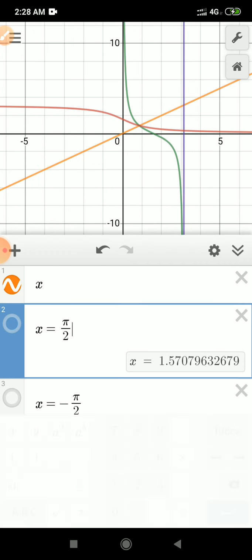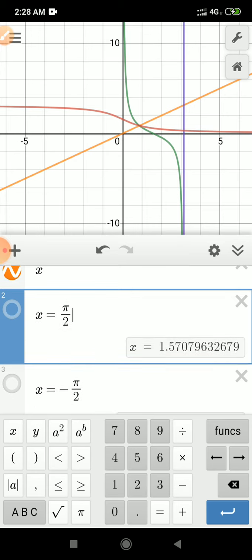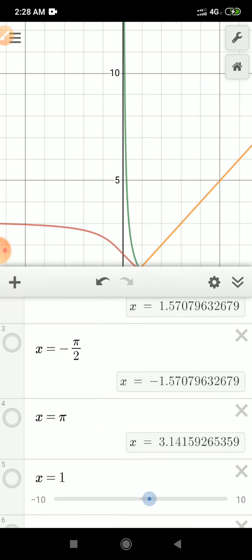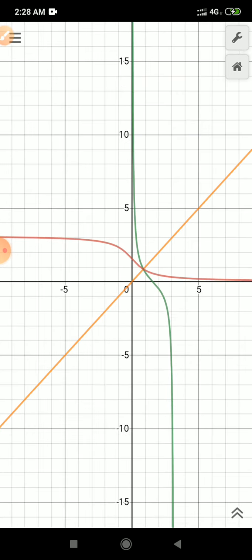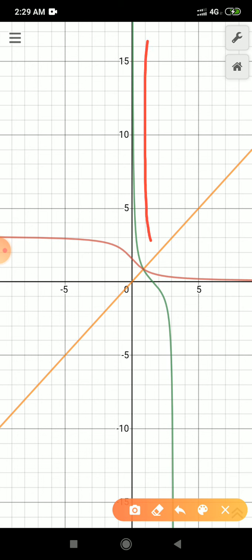Also, let me deactivate the line x equals to pi. See, the red line is the graph for cot inverse. So clearly you can see, for this green part the function is reflecting here, and for this green part the function is reflecting here.